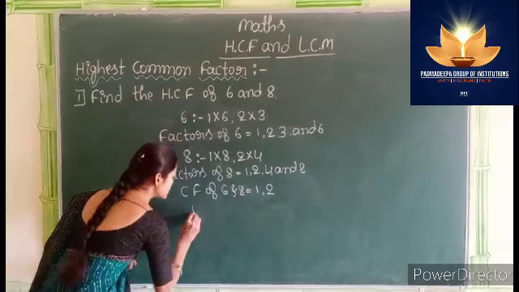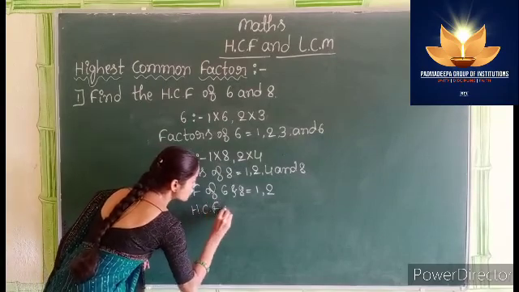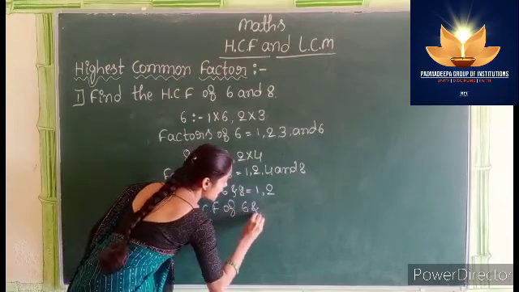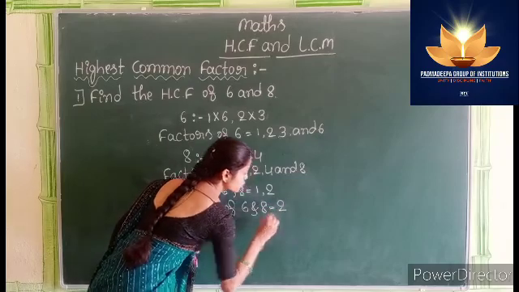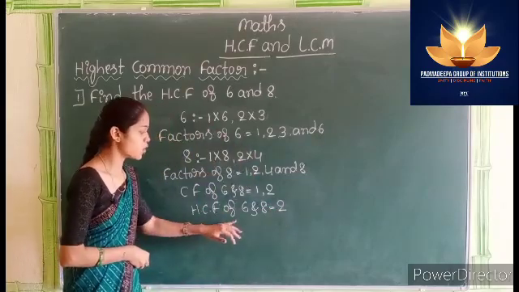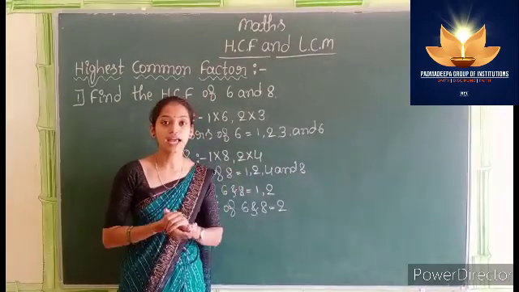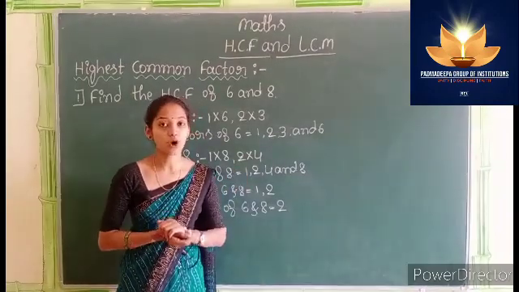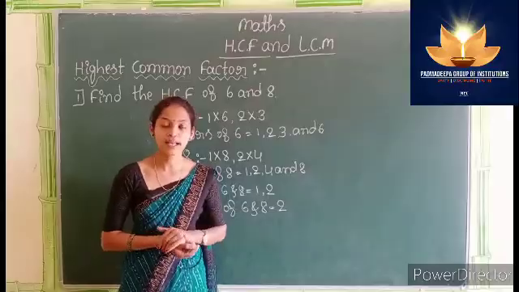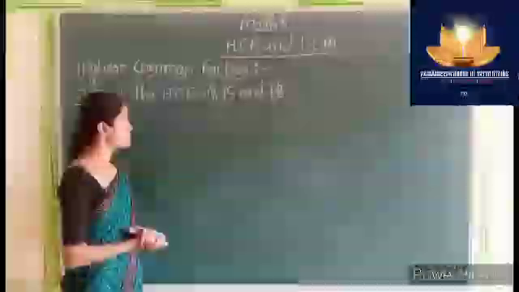HCF of 6 and 8 is 2. Like this we can identify the highest common factor, in short HCF. Let us see another example.